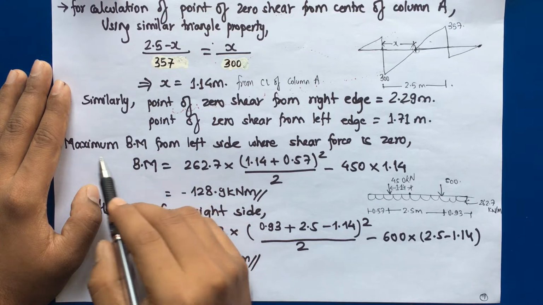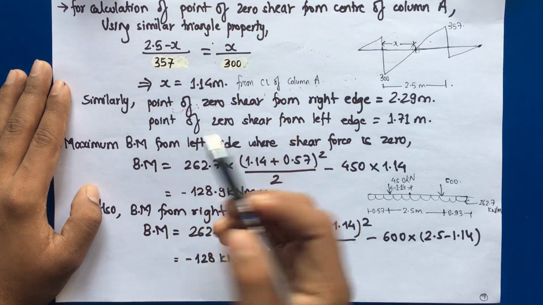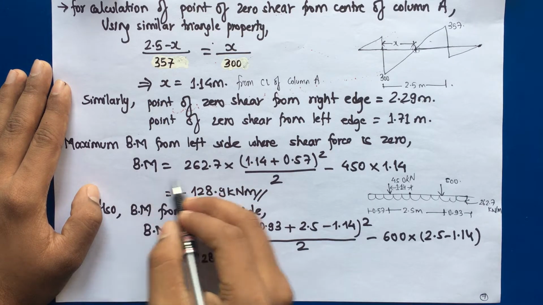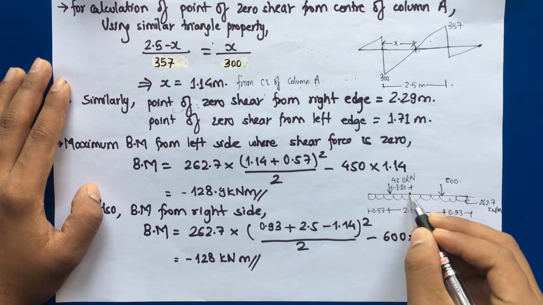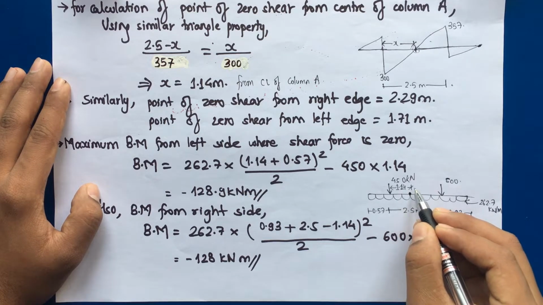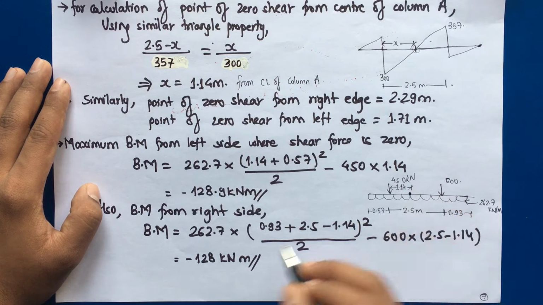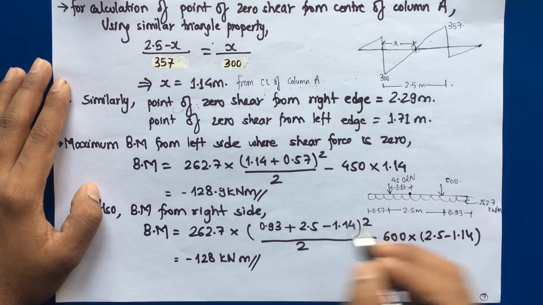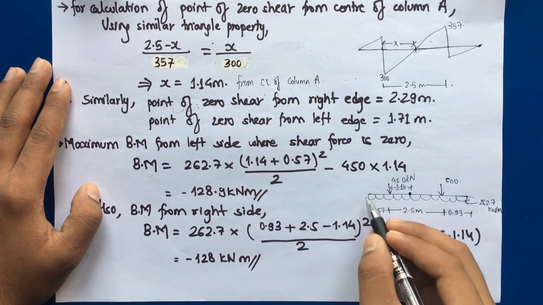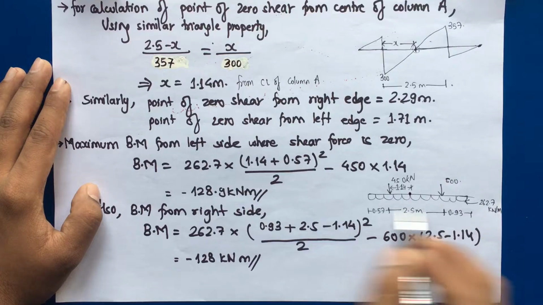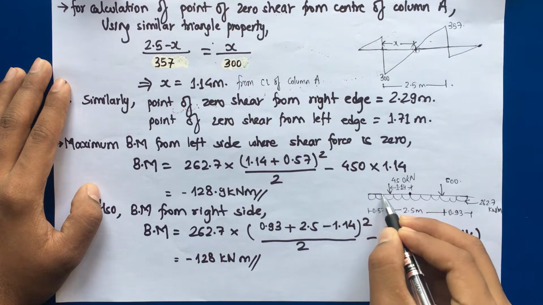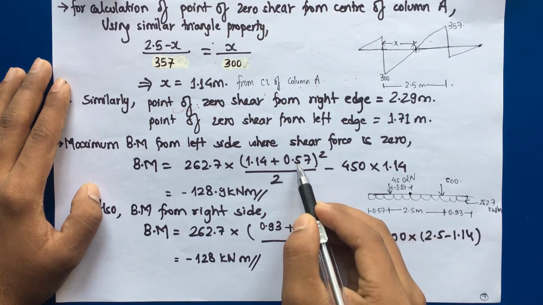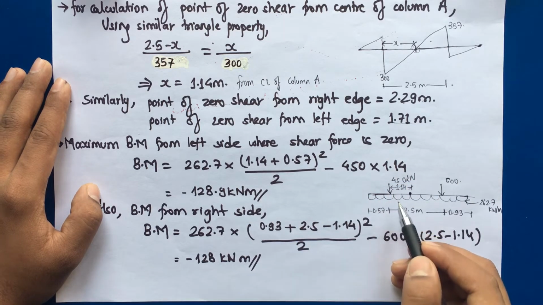So we are calculating the maximum bending moment, and then we will calculate reinforcement according to it. Here you can see this is the point of 0 shear at a distance 1.14 meter from the center of column A. For calculating bending moment at this point, we have 262.7, this is the UDL, into this distance, 1.14 plus 0.57, basically 1.71 meter.